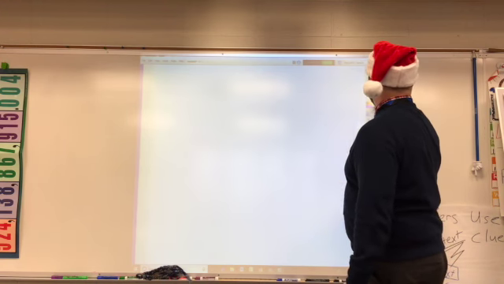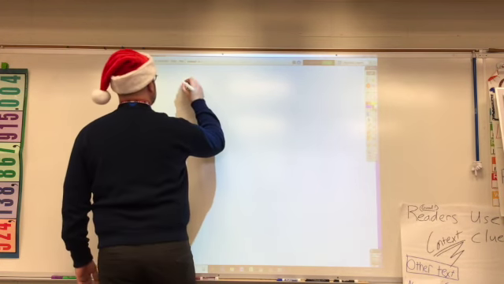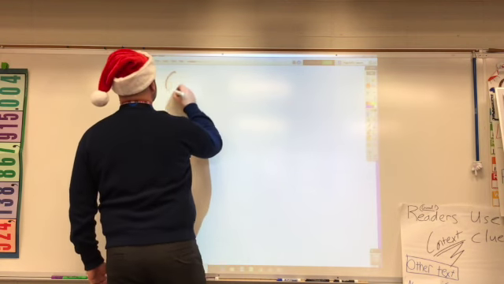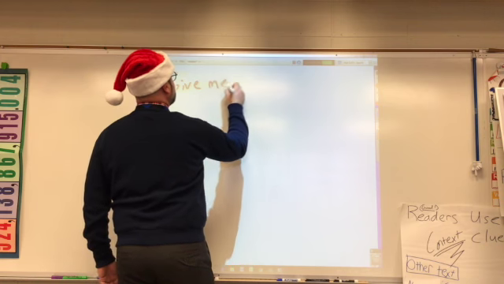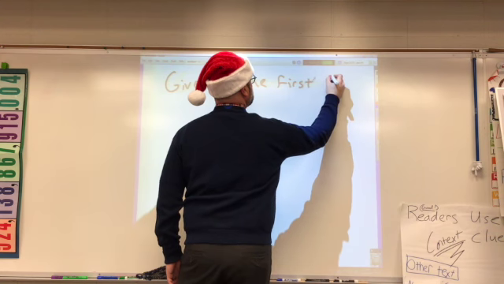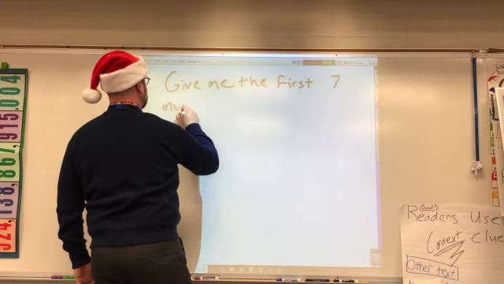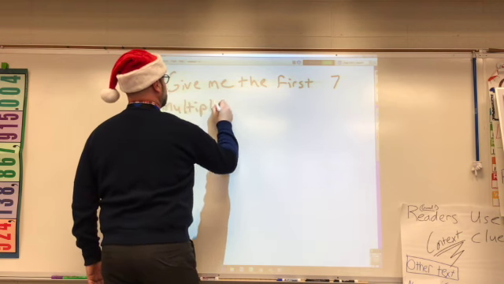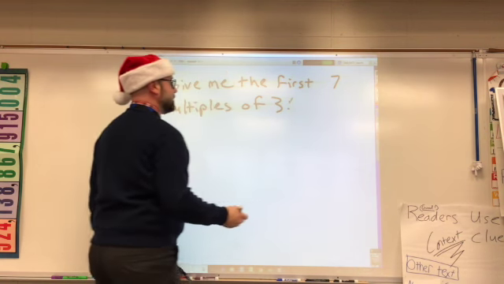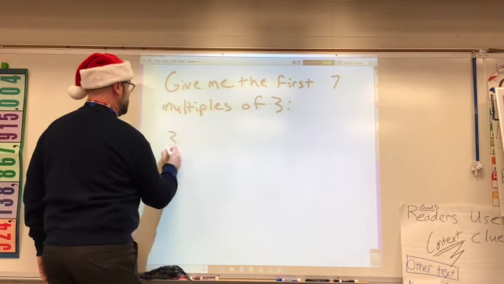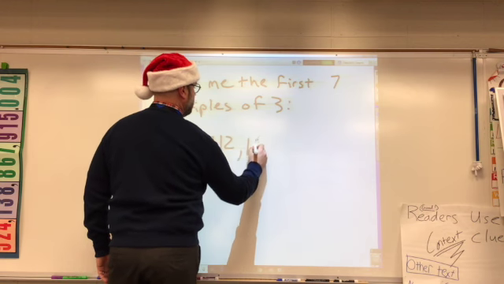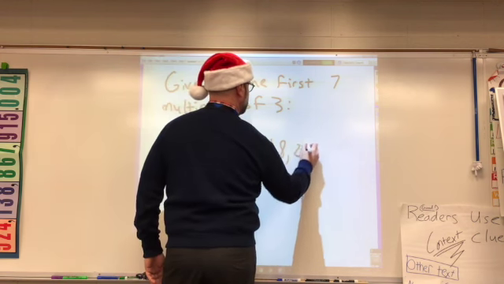So if I say, give me the first 7 multiples of 3, you're basically just going to go 3, 6, 9, 12, 15, 18, 21.